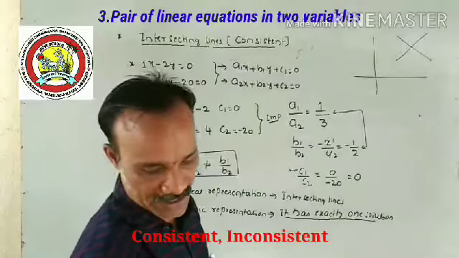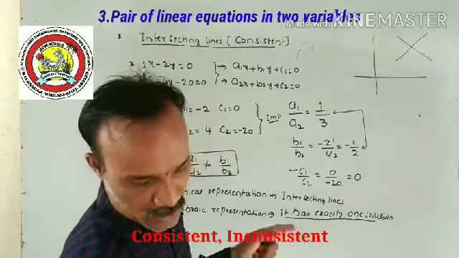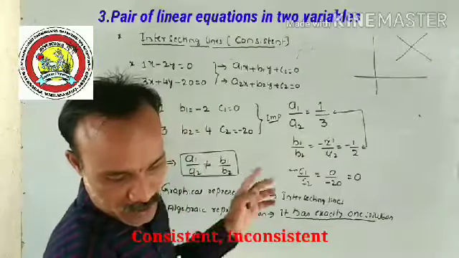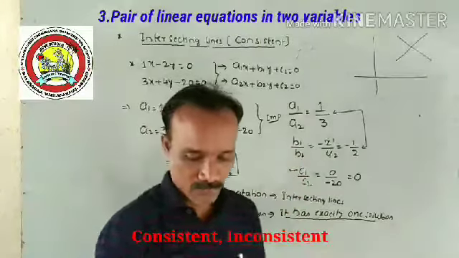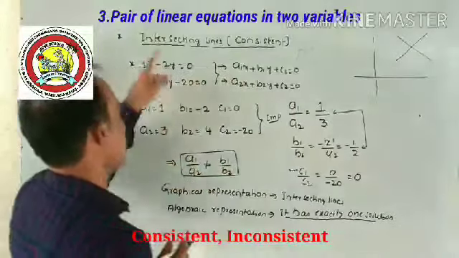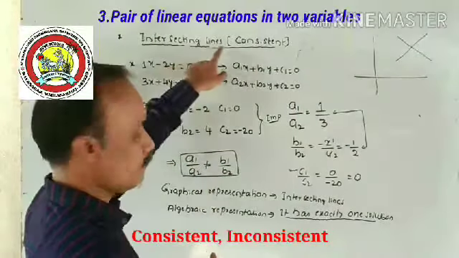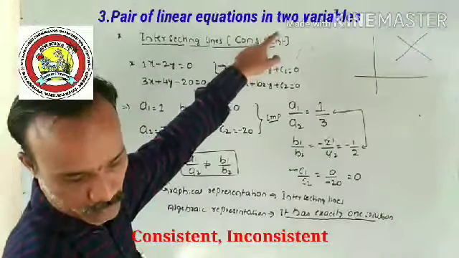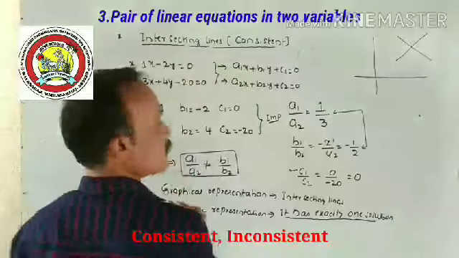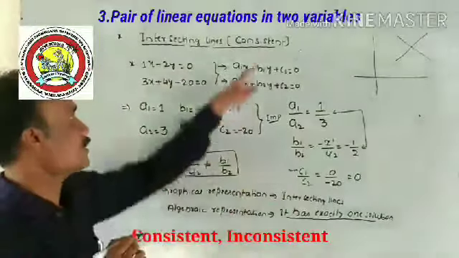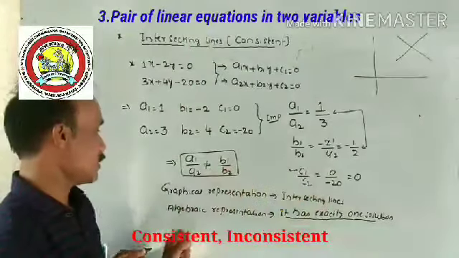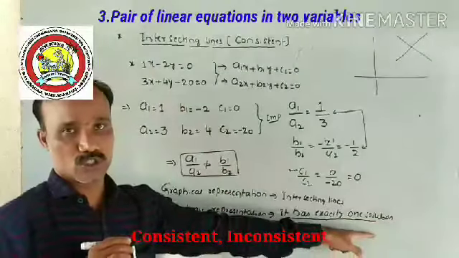Then we can say that the pair of equations is consistent. This is very important. If the lines are intersecting each other, we can say the pair of equations is consistent.